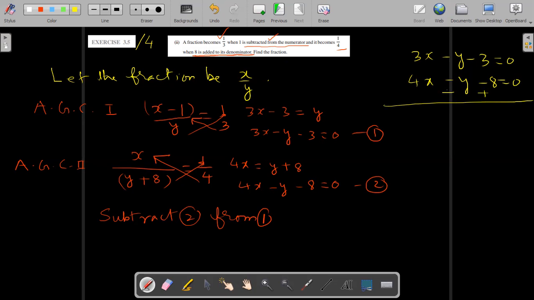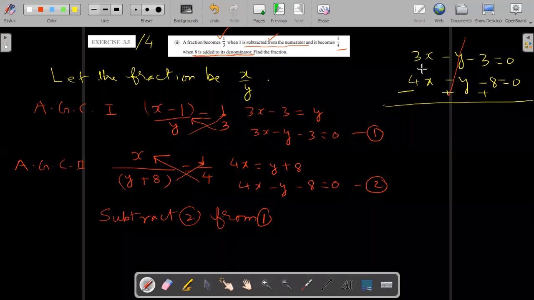This will become plus, this will become plus, this will become minus, and y will be eliminated. We can eliminate any variable, x or y. 3x minus 4x, we get minus x, and minus 3 plus 8 is plus 5, equal to 0. So minus x is equal to minus 5, minus minus cancel, x is equal to 5.